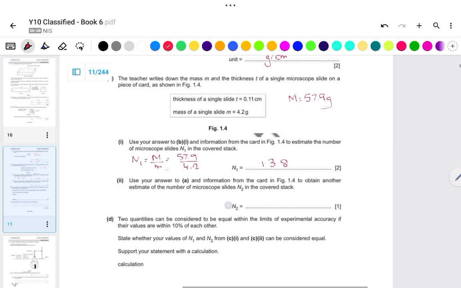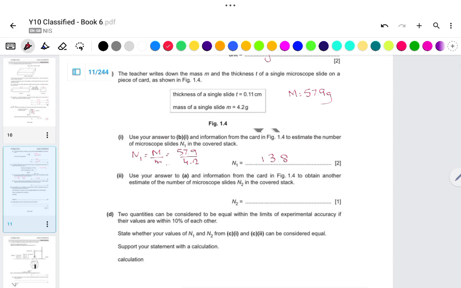Okay, use your answer to gain information from the card in figure 1.4 to obtain another estimate of the number of microscope slides N2 in the covered stack. So I will use this time the thickness. So I'll do N2, which is the height over t, which is 1.3 over 0.11, which will give me approximately 13.